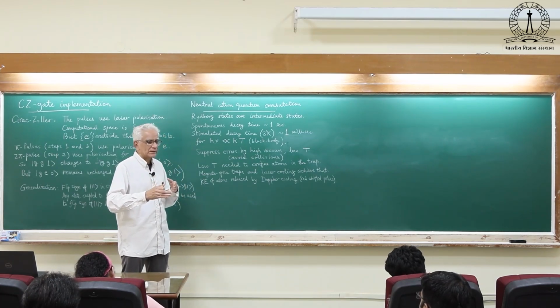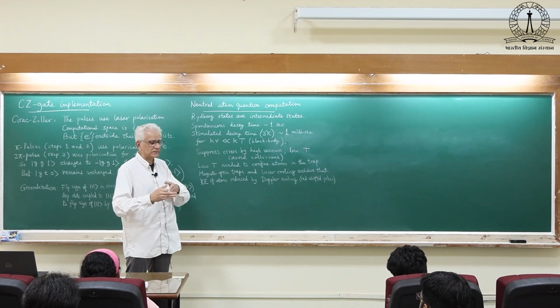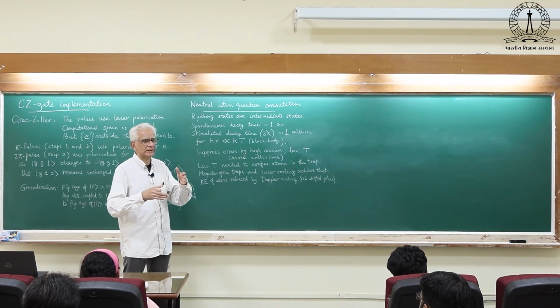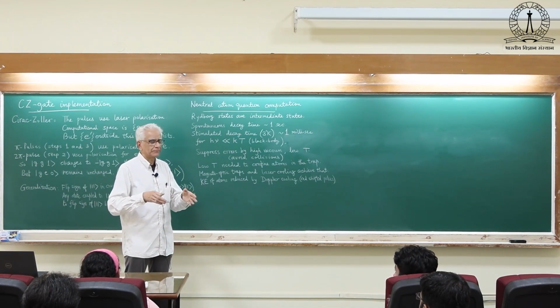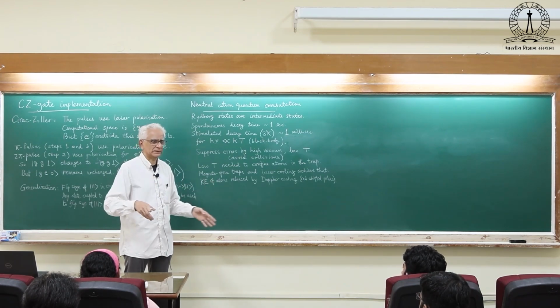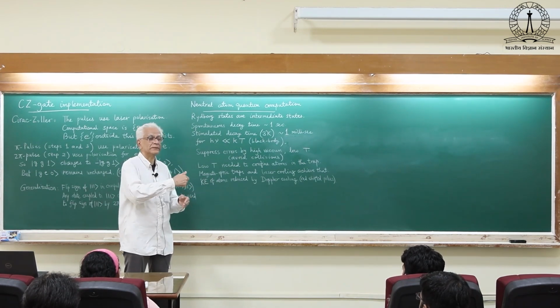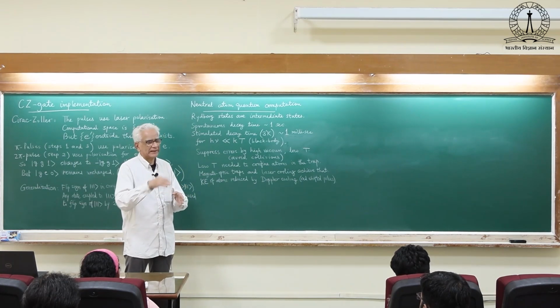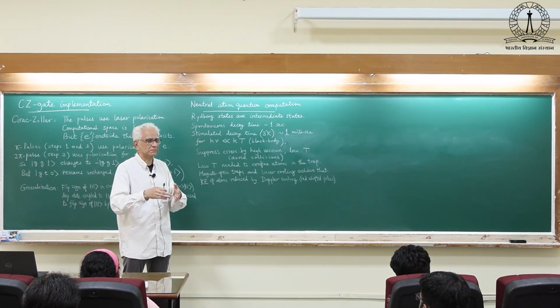So the atom which absorbs the photon goes to some excited state, and it will radiate. But that radiation is isotropic. It is not going back towards the source, so it will get a kick by the radiation, but it will be random.